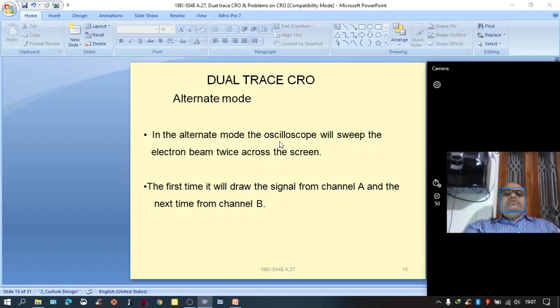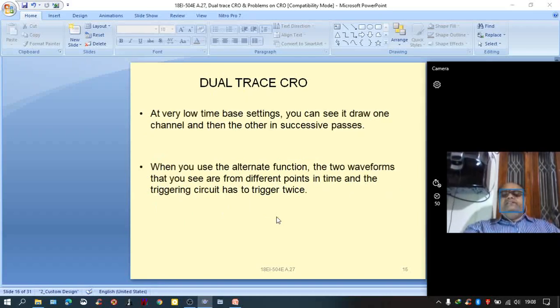In the alternate mode, the oscilloscope will sweep the electron beam twice across the screen, one for channel A and one for channel B. First time it will draw the signal from channel A from left to right, and then next time it sweeps the signal from channel B from left to right at very low time base settings.